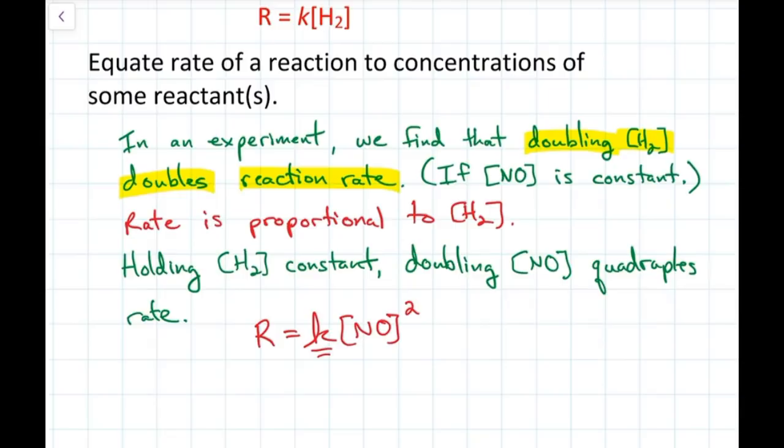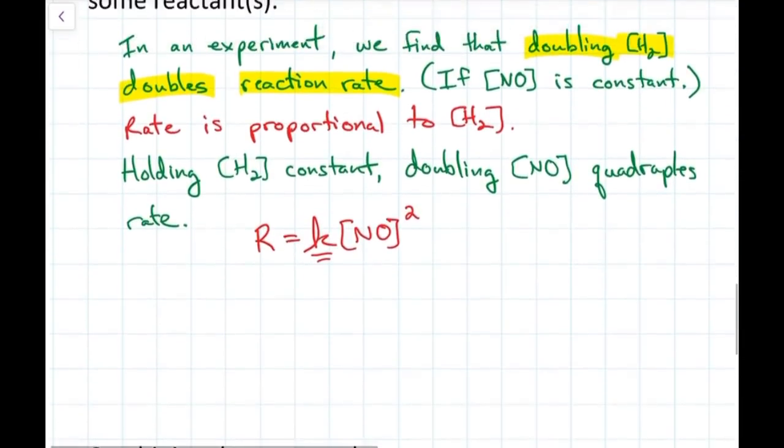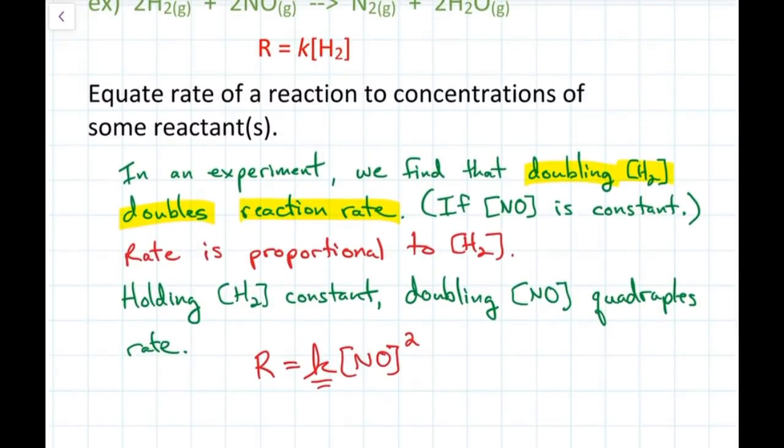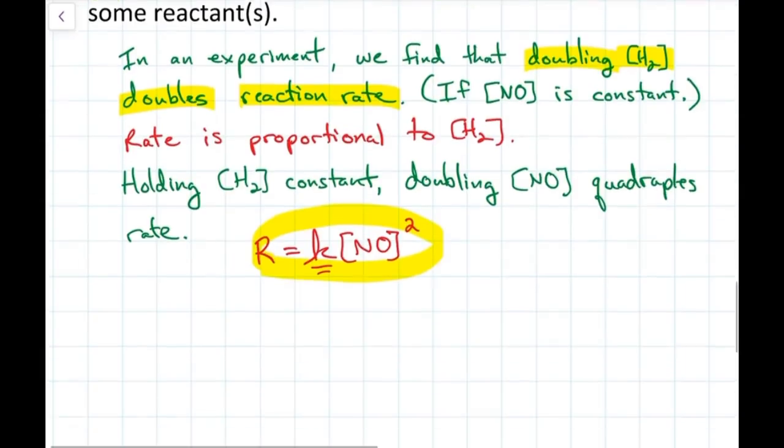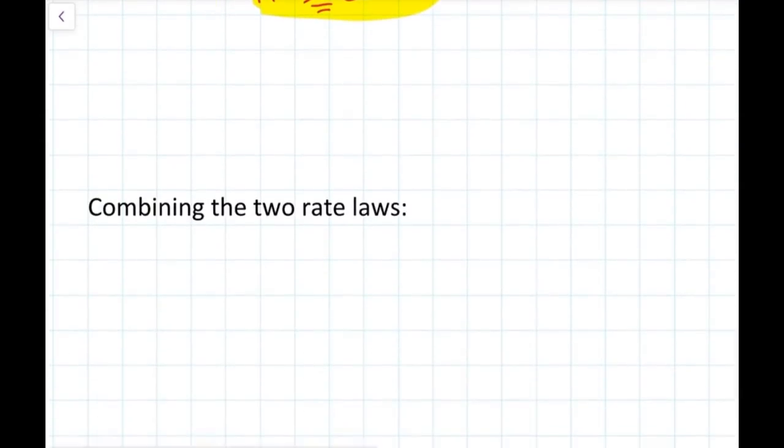And then the last thing that we can do is actually put them together, because we have 2 rate laws now, right? We have rate is proportional to hydrogen, and we have rate is proportional to the square of NO. So the last thing we'll do is combine the 2. And so now we can say that rate is proportional to, we usually just write them in the order that they show up in the equation.